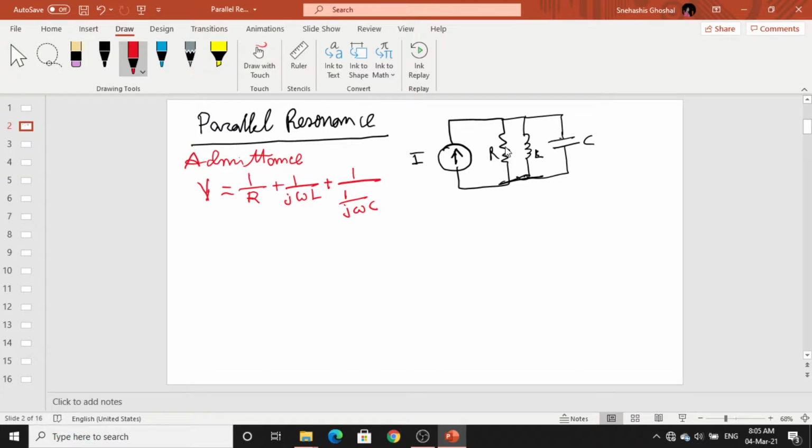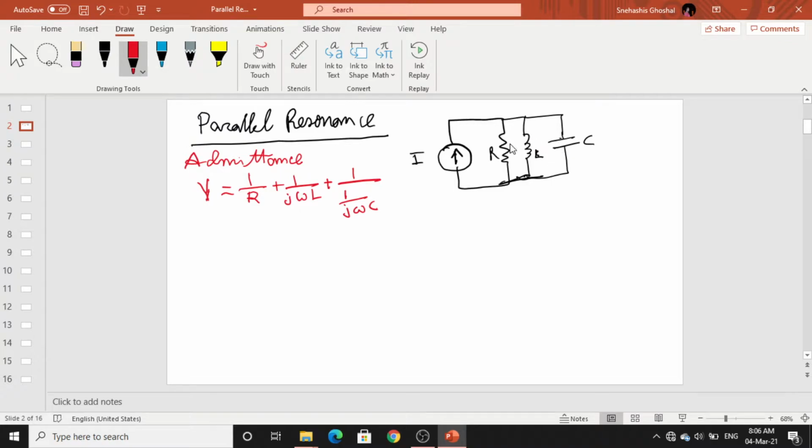In case of AC circuit, in a series network impedances are summation. In the same manner, in a parallel circuit admittances are in summation. So admittance of this equivalent circuit Y will be equal to Y1 plus Y2 plus Y3. Y1 is the admittance of resistive branch, Y2 is that for the inductive, and Y3 is for capacitive branch respectively.